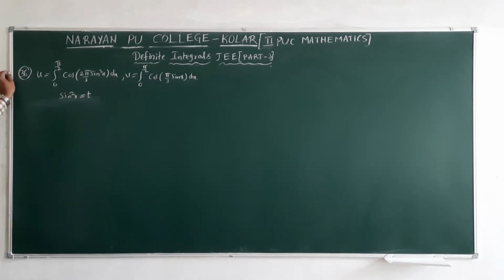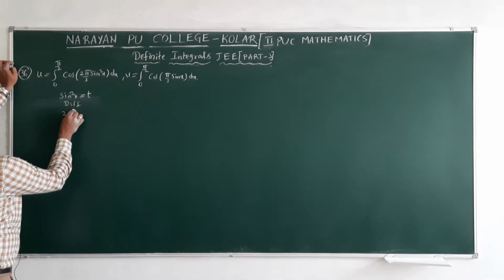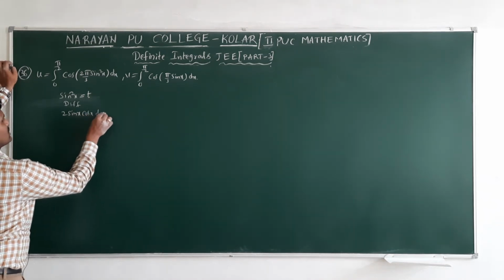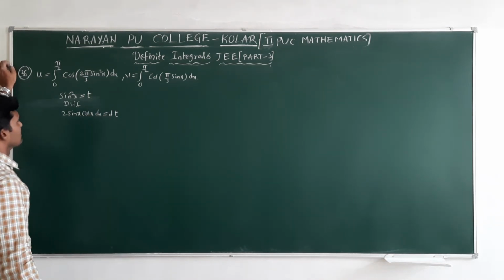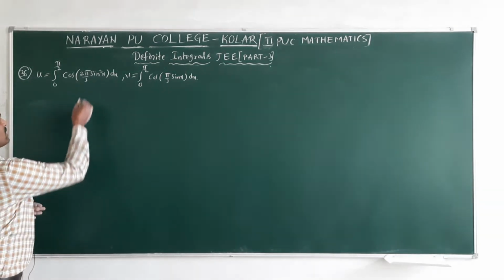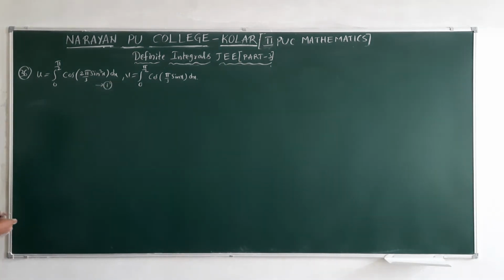Differentiate this: 2 sin x cos x dx equals dt. Now, not by substituting, you can apply the property only, it is useful.